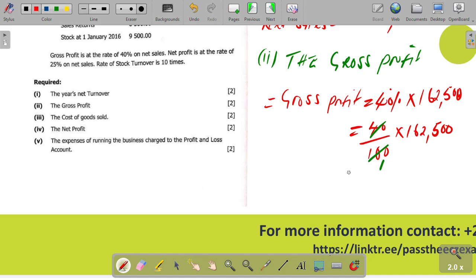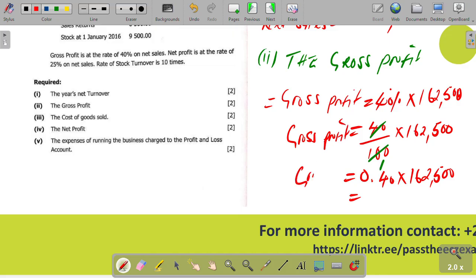It's how much? 0.40 multiplied by 162,500. Okay, remember this is the gross profit. So 0.40 times 162,500, what do you get?